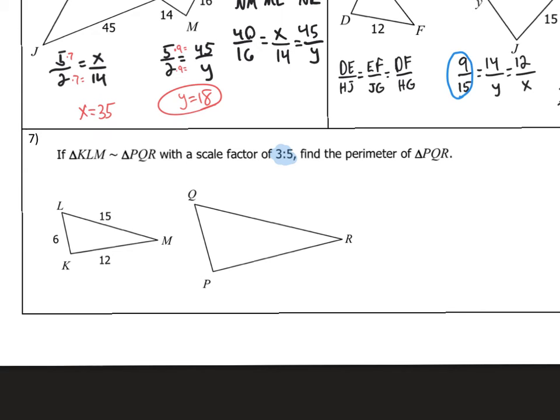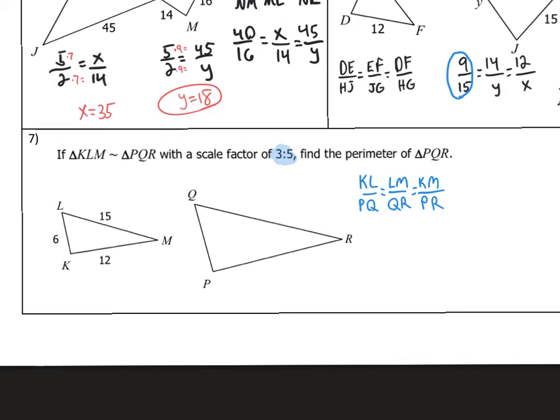So KLM: KL, LM, KM. And then PQR would be PQ, QR, and PR. That's a proportionality statement. I can fill out all of the numerators, but I can't fill out any denominators, but they did give me the scale factor. So I'm going to break this up into 3 different problems.